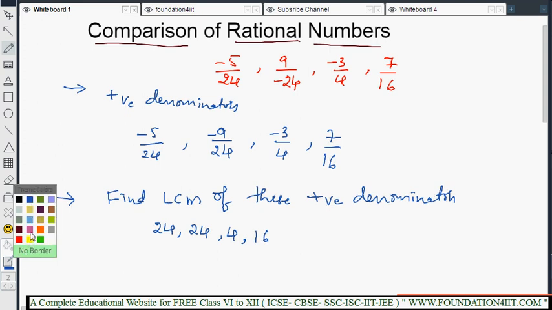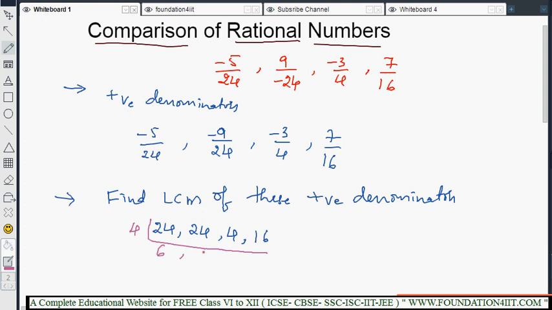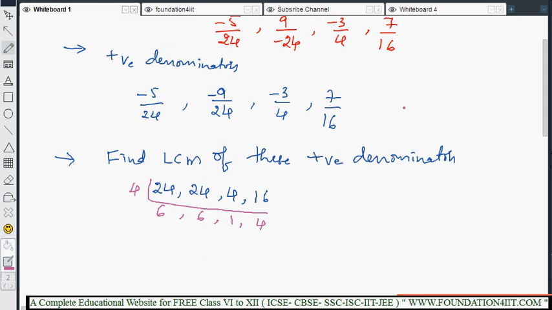So I'm doing the LCM now. I can take 4 directly: 4 table gives 6, 6, 1, 4. I already studied this, so I'm going fast. Now 2 table gives 3, 3, 1, 2.